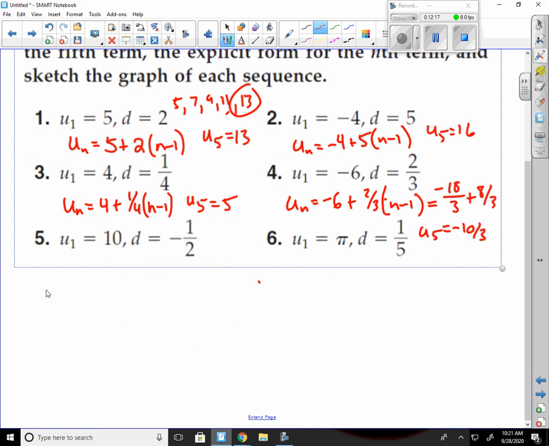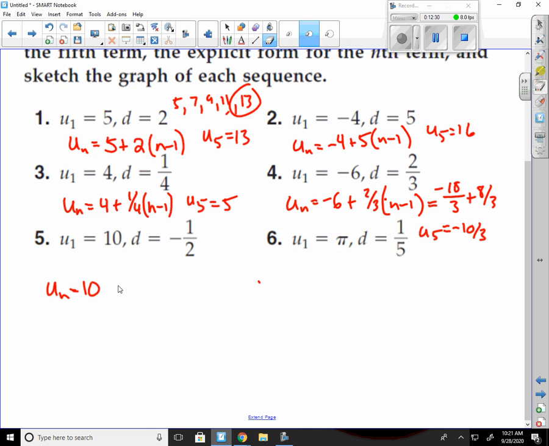Number 5, u sub n equals u sub 1 and plus my common difference, which is negative 1/2. So I'm just going to make this minus 1/2 instead of plus a negative, n minus 1. So in u sub 5, 5 minus 1 is 4. Half of 4 is 2. 10 minus 2 is 8.